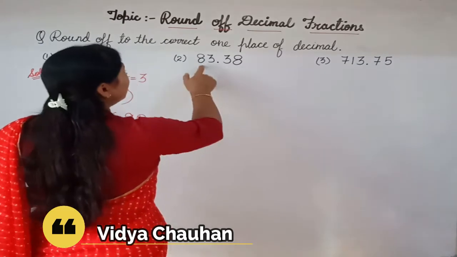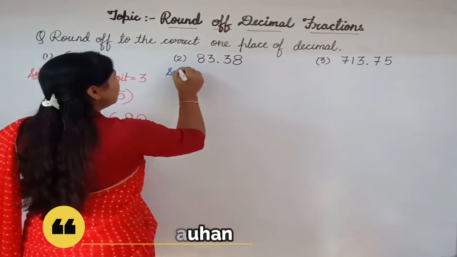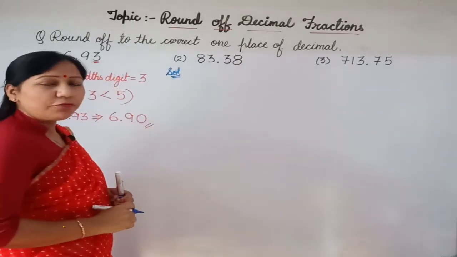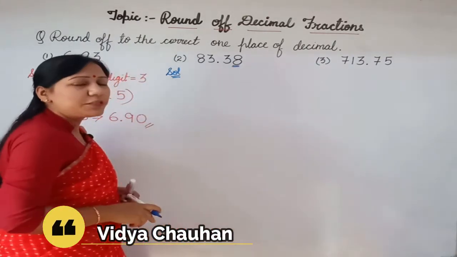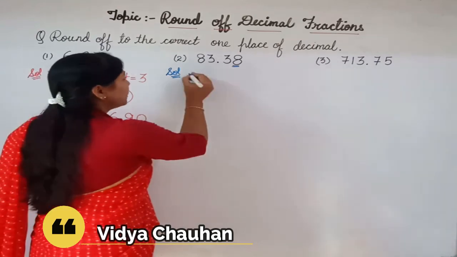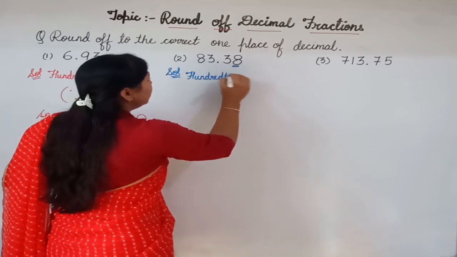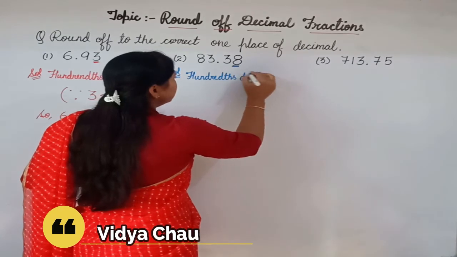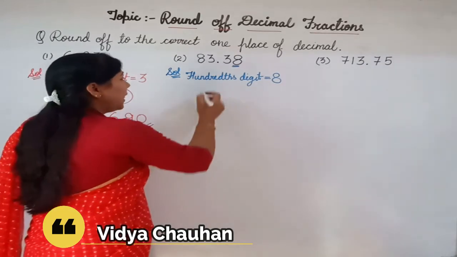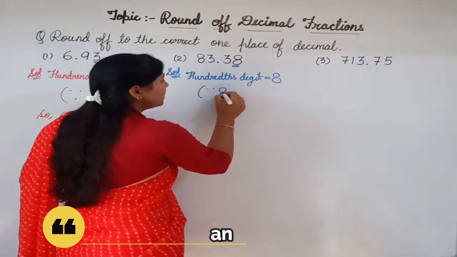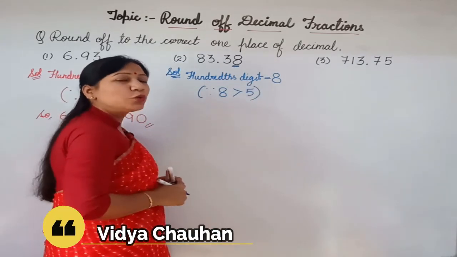Let us take the second value, 83.38. Once again, since you have to round off to the correct one decimal place, what is the digit at the 100th place here? The digit at the 100th place is 8. Since 8 is greater than 5, what does the rule say?